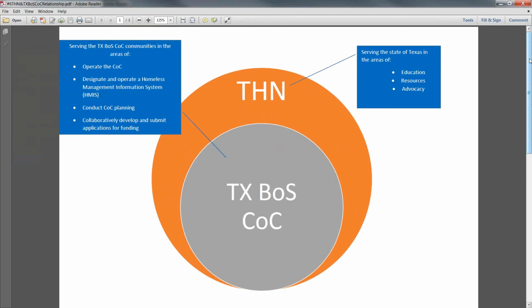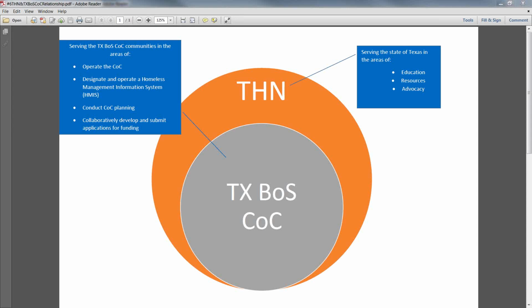So we often get asked when we go to communities or we're meeting with groups, what does THN do and how does the Texas Balance of State Continuum of Care fit into what THN does? To us, and especially to me, it seems obvious what we do, but I've learned that it's not obvious and it's not very clear to even a lot of our THN members and I think our Texas Balance of State members.